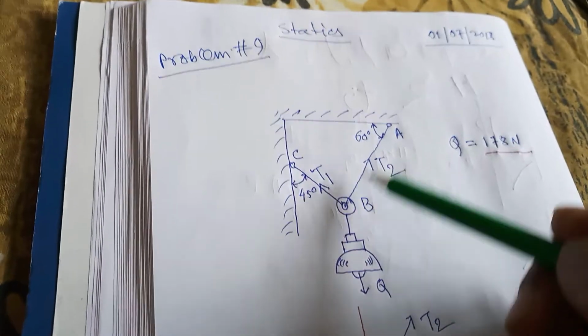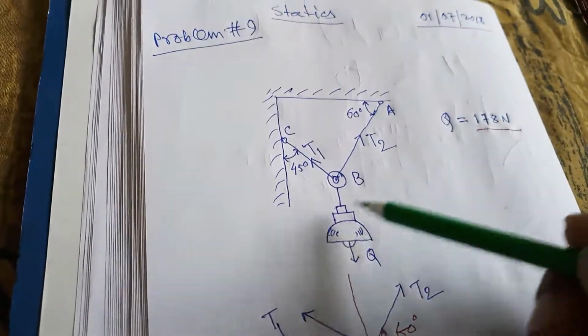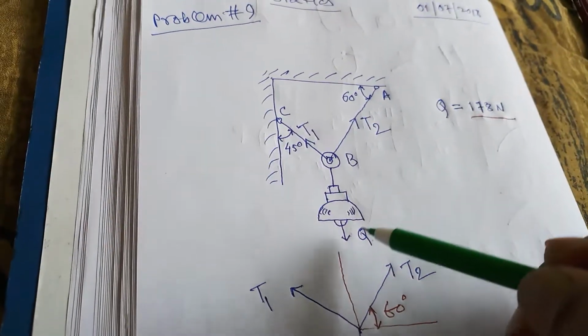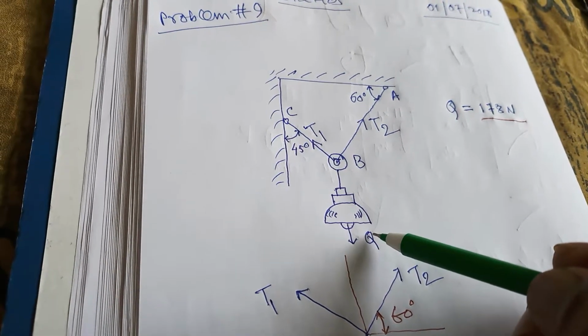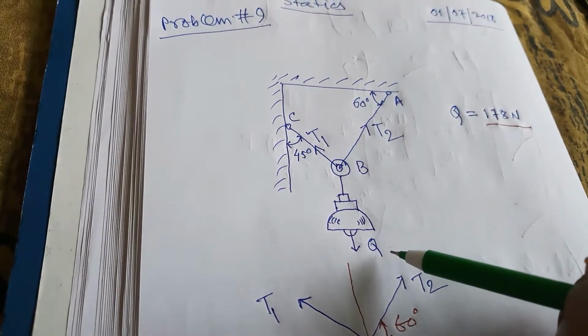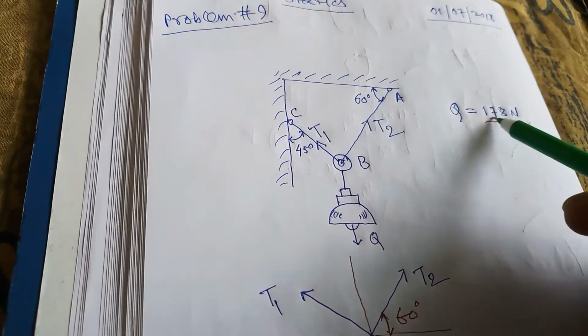So you can see the problem here. This is the vertical wall. This is the ceiling, and CB is one string, AB is another string, and this is the light bulb. The weight of the light bulb is denoted by Q. Q is 178 Newton.